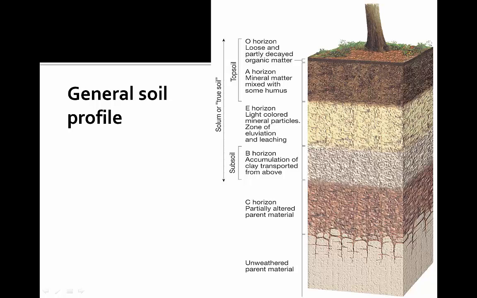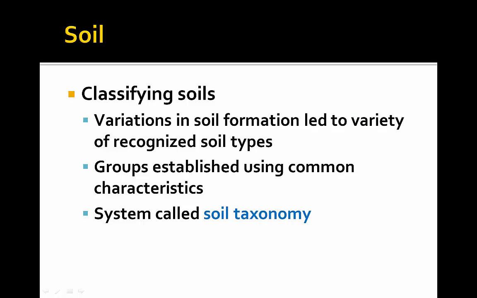Now, just because you have this general soil profile, you should not expect all soil profiles to look the same. In some areas, you do not have all these layers. In some areas, the thickness can vary tremendously, from a matter of less than an inch to 100 feet. And it's that variation in soils that has led to a soil taxonomy.